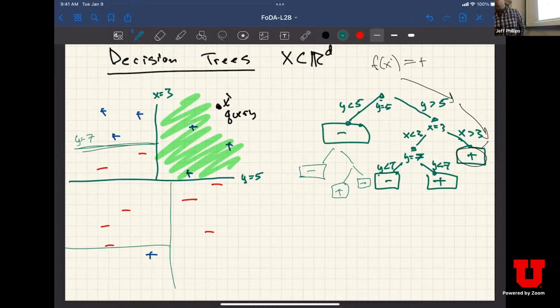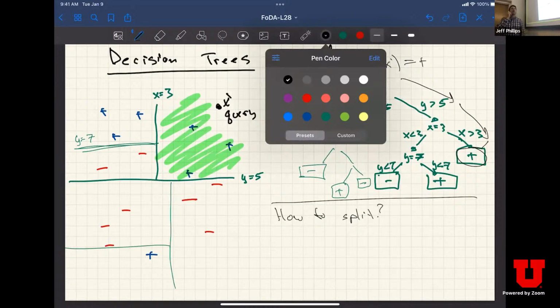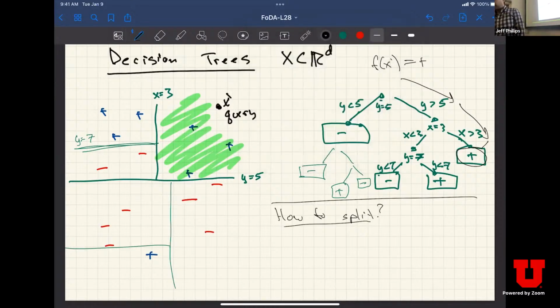One other thing we need to say is how to split. Okay, so what do you think is the right way to choose how to do a split? Yep. Count up all the classifiers in each box, split wherever you can find a linear classifier.